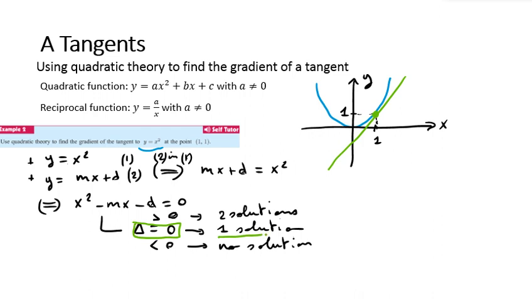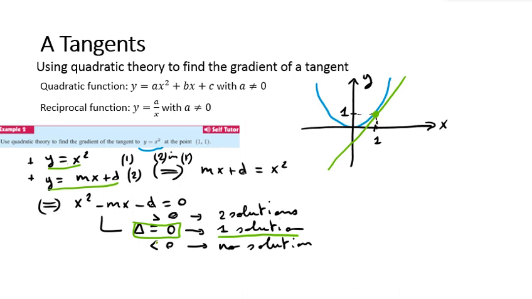Because we must have one solution. So this quadratic equation must have one solution, or those two functions must have just one common point, namely this point here. Because when delta is greater than 0, we have two solutions, so those two functions have two common points. And that is not the case here, because this is a tangent.